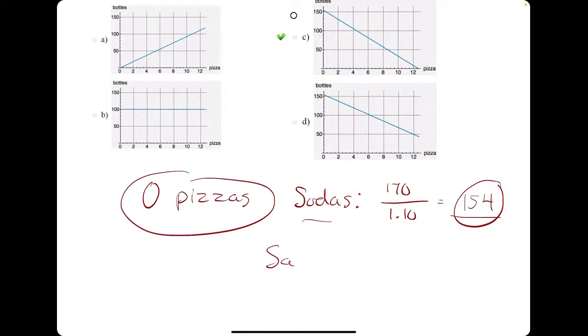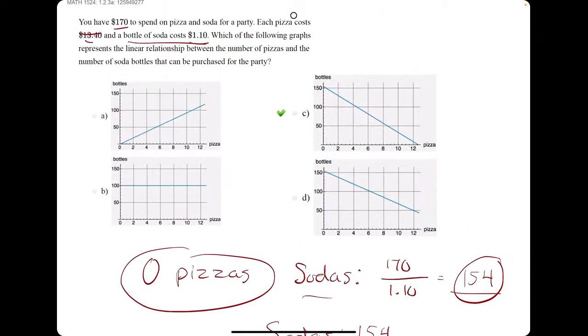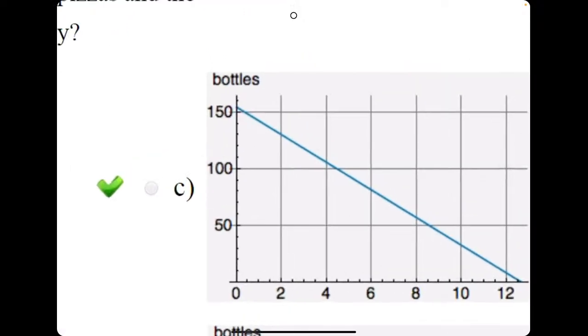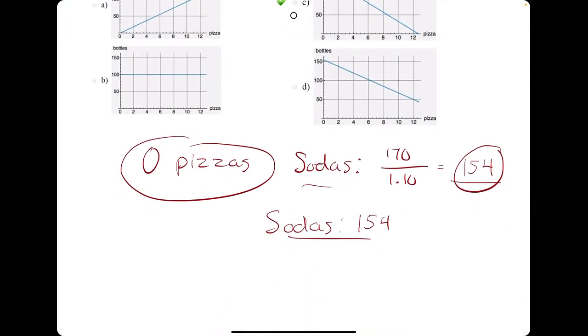This is basically giving us the intercept, like the x and y intercept, but it's the bottles' intercept. So on the bottles axis, basically the y-axis, we're looking for 154. And likewise, if we're buying 0 bottles, how many pizzas can we buy?